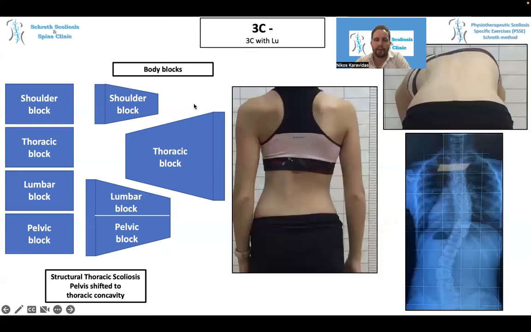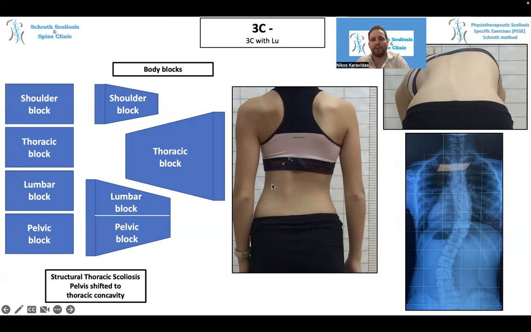And here you can see the 3C minus. So this patient is still 3C because we have a right thoracic scoliosis. So this is a thoracic hump, and we have the pelvis shifted to the thoracic concavity.